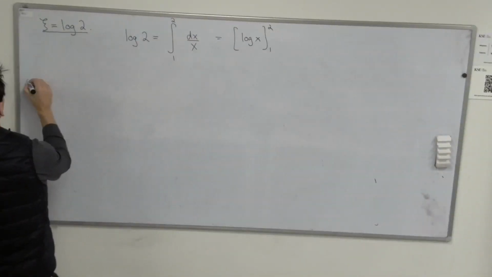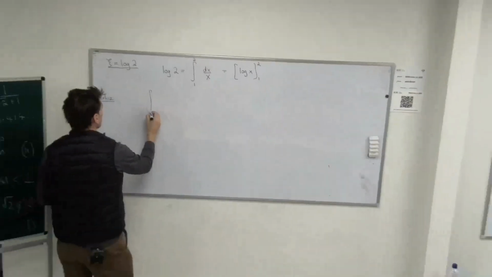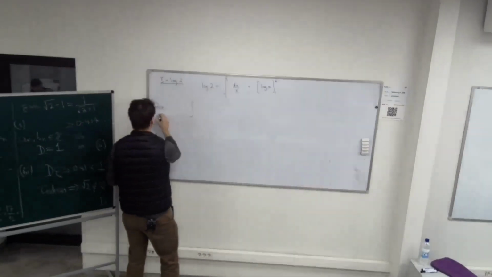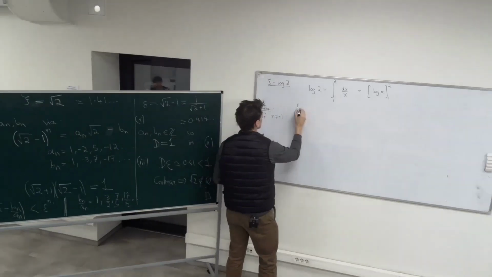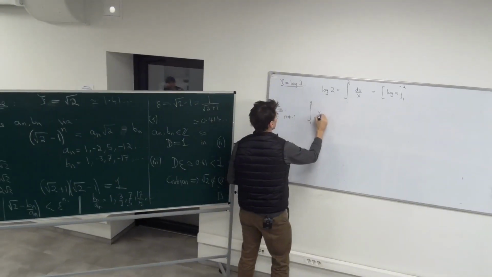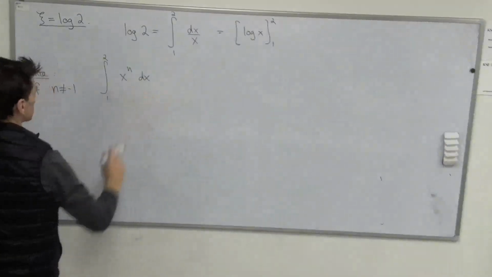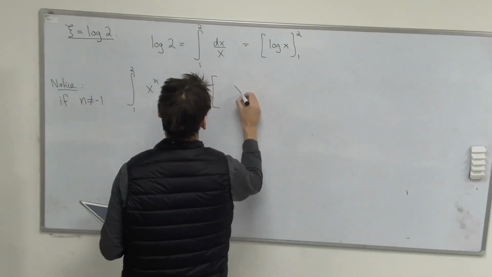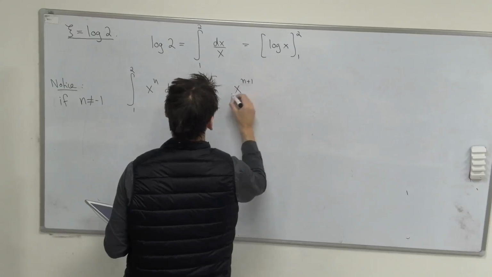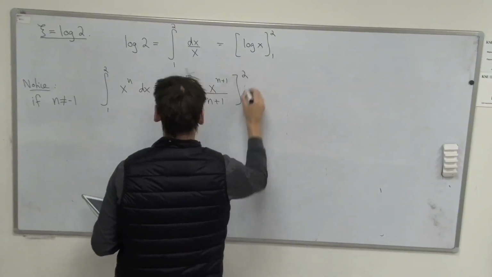So the first observation is that if n is not equal to -1, then we can always integrate x to the n dx. That's because this is x to the n plus 1 over n plus 1 between 1 and 2.